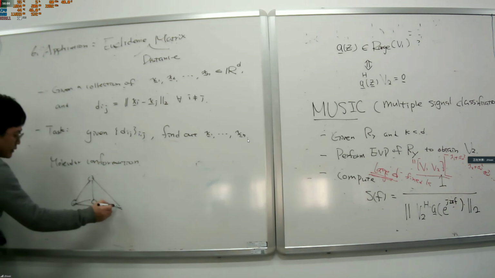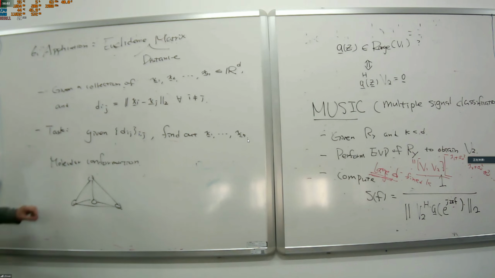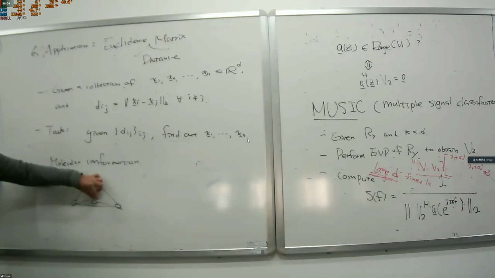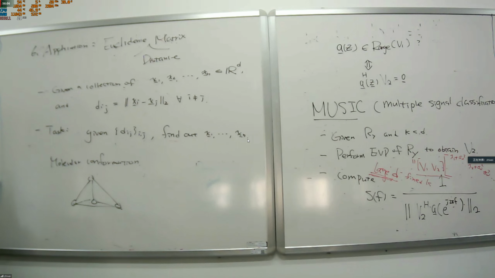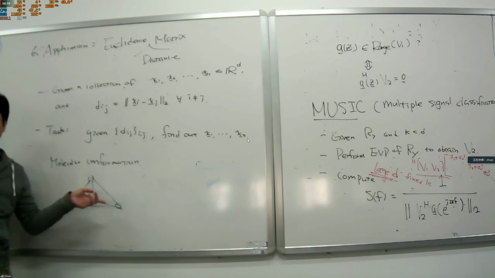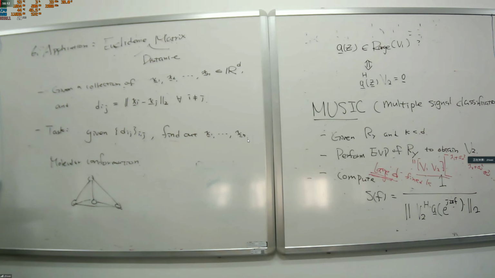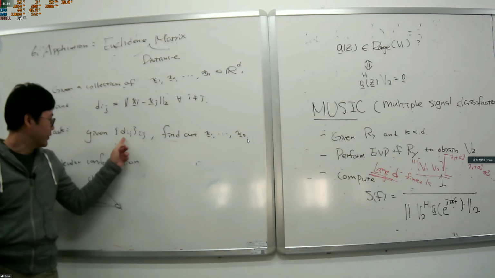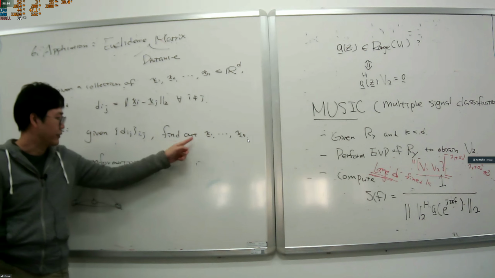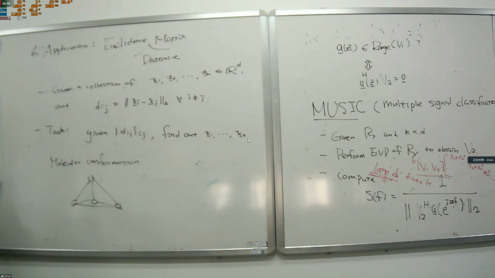You can measure the distance between any two of the molecules, and now you want to construct what this molecule looks like. That's equivalent to: given this Dij, find x1 to xn.